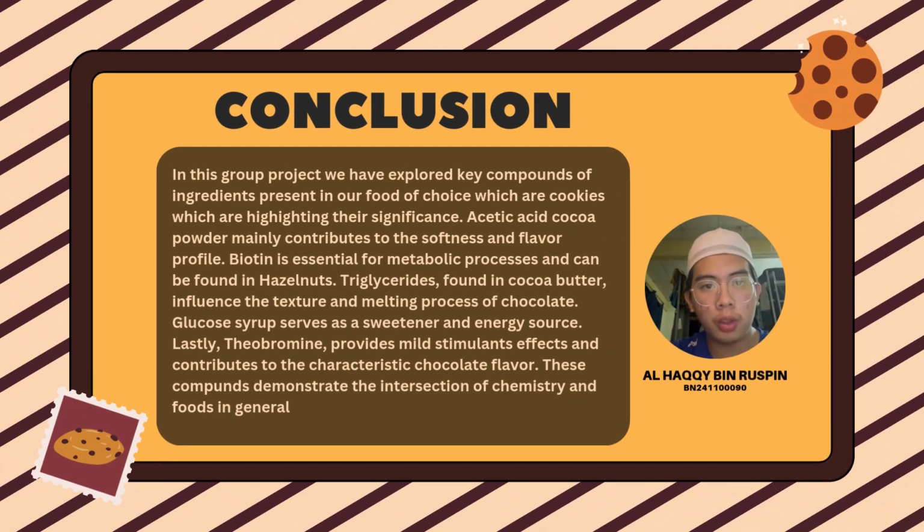In this group project, we have explored compounds of ingredients present in our food of choice, which is cookies, and highlighted their significance: acetic acid, used mainly for softness and flavor; biotin, essential for the metabolic process and found in hazelnuts; triglycerides, found in cocoa butter, which influence the structure, texture, and melting process of chocolate; glucose syrup, which serves as a sweetener and energy source; and lastly theobromine, which provides mild stimulant effects and contributes to the characteristic chocolate flavor.